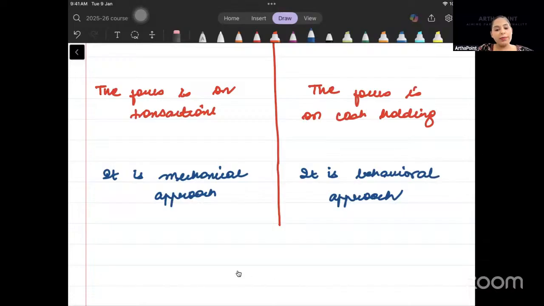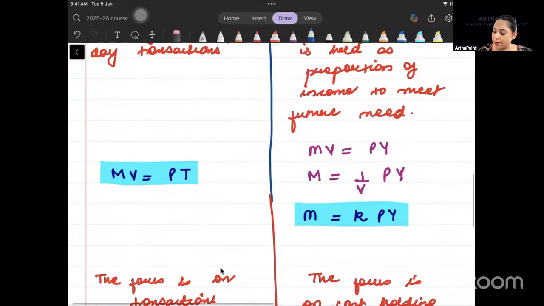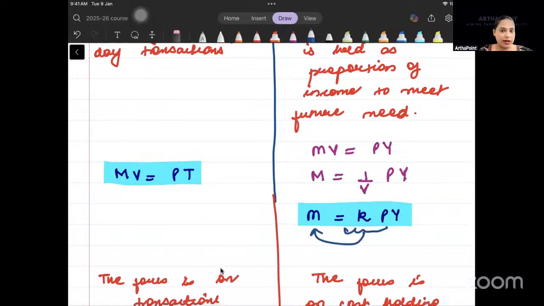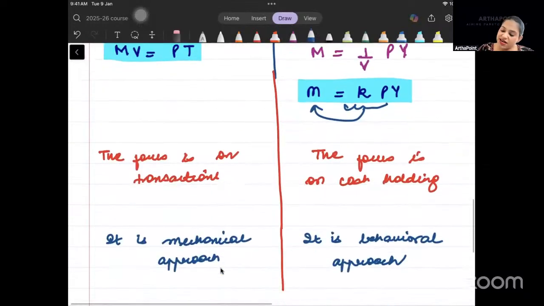In case 1, V is constant, which is fine, but in case 2, from V we get 1/V, which is K, and K is the proportion of money, that is, how much proportion of income we are holding in money. So you have to understand that the meaning of K changes.